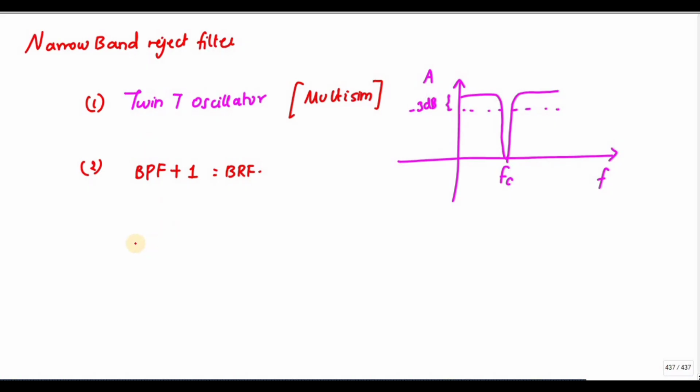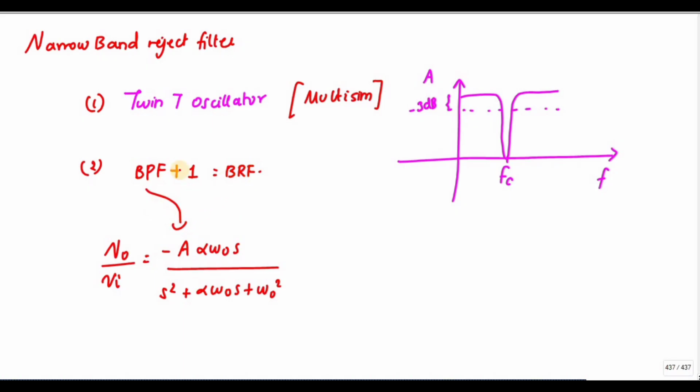Suppose you see V0 by Vi for the band pass filter. It is nothing but minus A0 alpha omega naught S divided by S square plus alpha omega naught S plus omega naught square. If I want to get the value as 1, let me take this A0 value equal to 1.